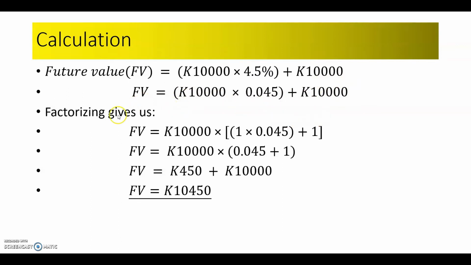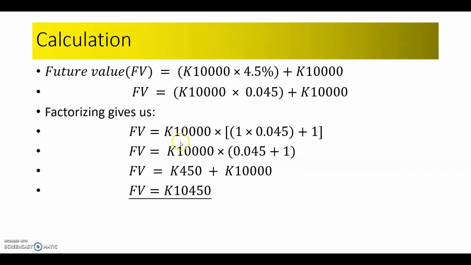This is well illustrated. Maybe all I need to do is comment on the part where we try to factorize. The future value is equal to 10,000 kwacha times, and we have the square brackets, and we also have these other brackets. So you've got 1 times 0.045, then plus 1.